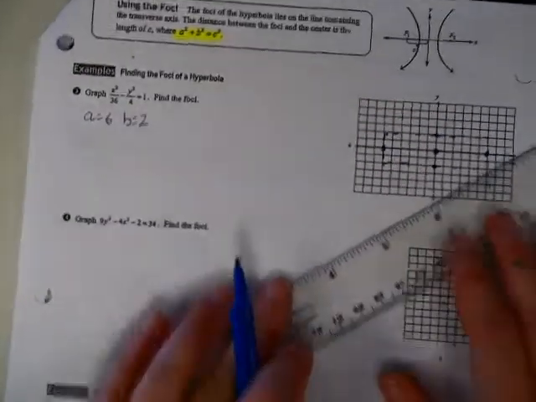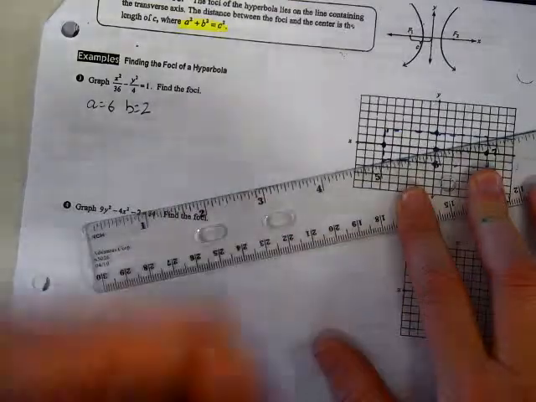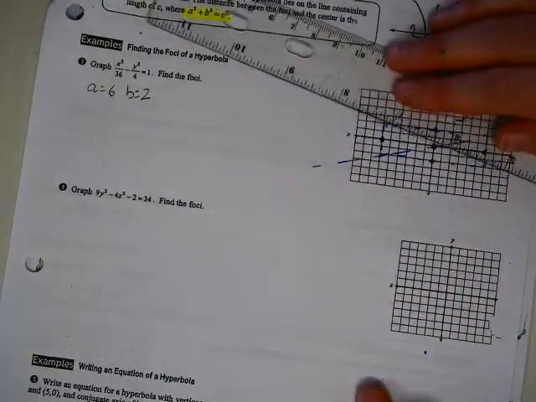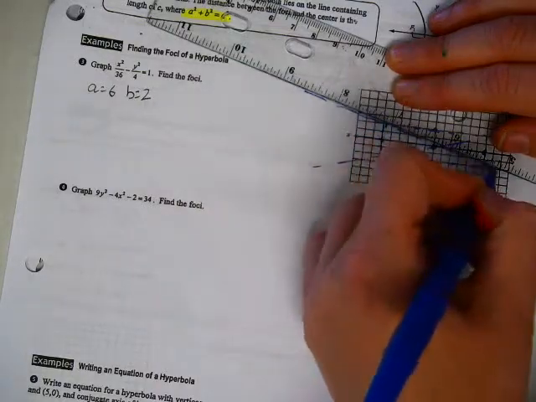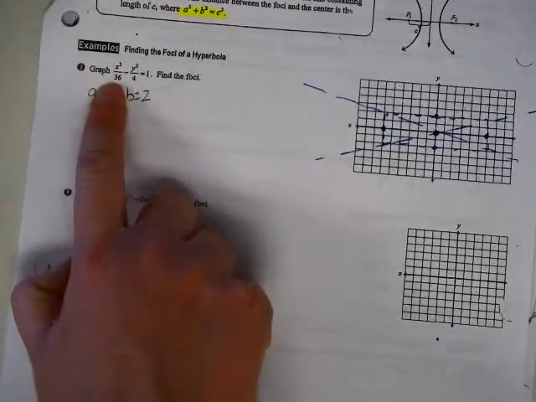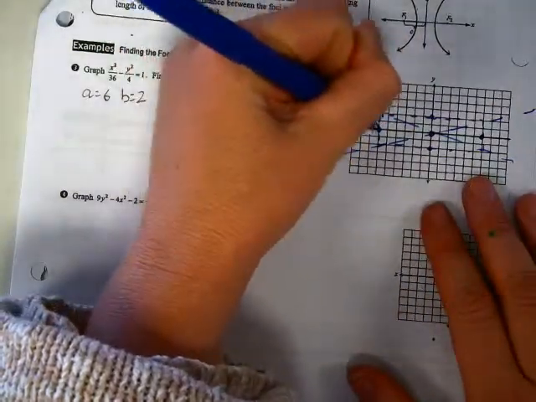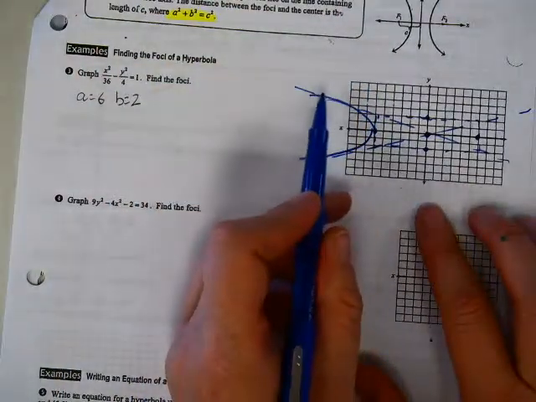Asymptotes. Okay, horizontal transverse axis. And I should not have crossed over that asymptote.